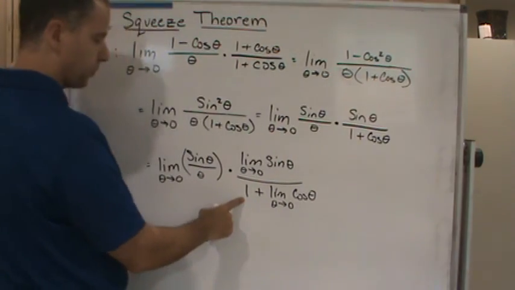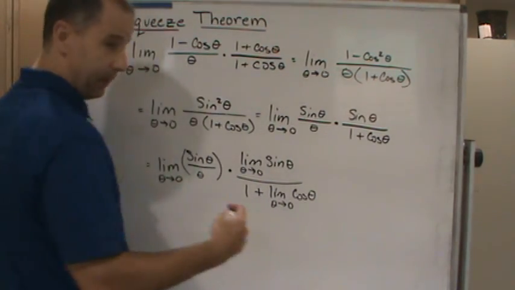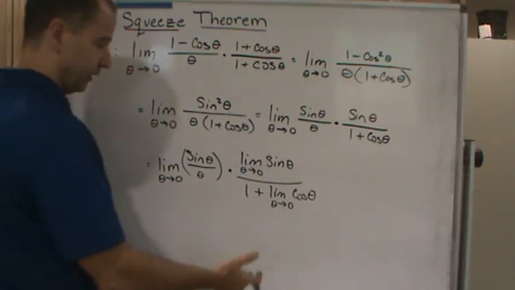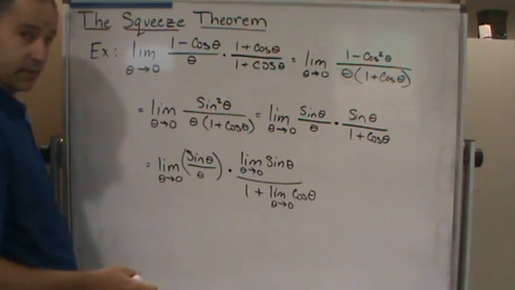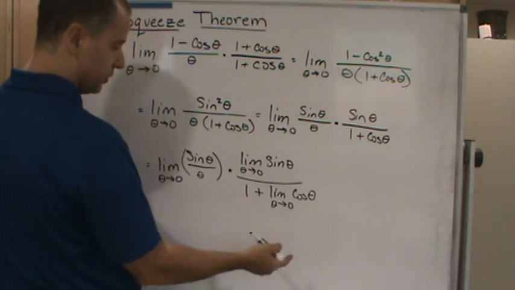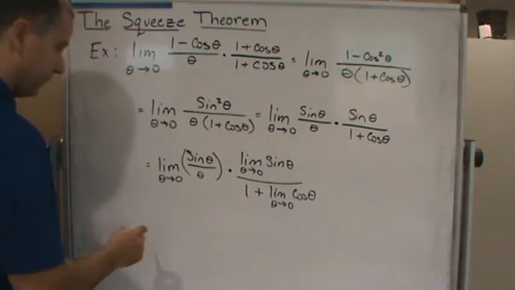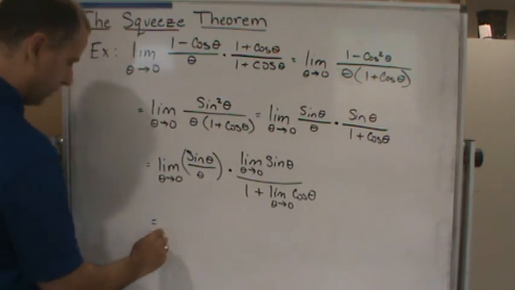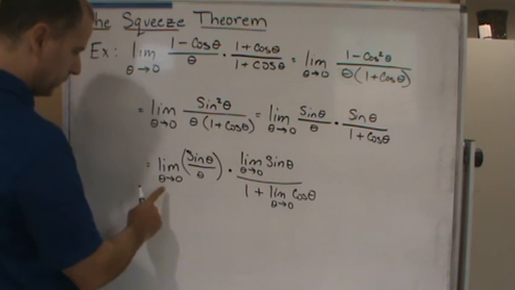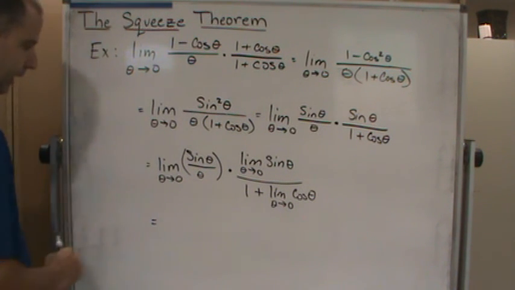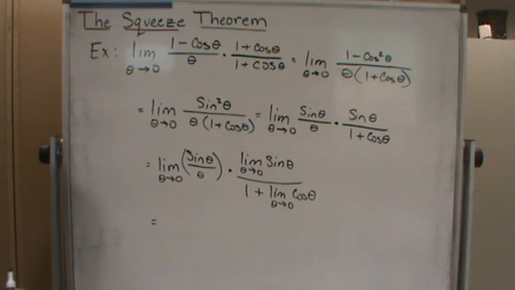Here I just put 1 because we should know by now that the limit of a constant is just the constant. So the limit as theta approaches 0 of 1 is just 1. And now we can take all of these limits. What's the limit of sine theta over theta as theta approaches 0? Well, it's 1.